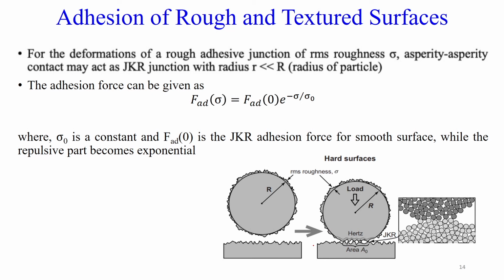Now, we considered adhesion on a flat surface, but in actuality, whatever surface we take may have nano roughness or micro roughness. So, we are going to have rough surfaces.